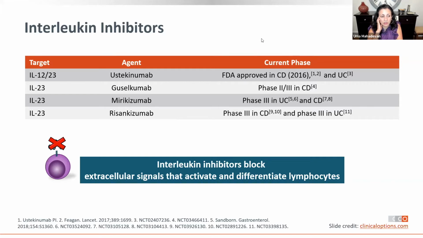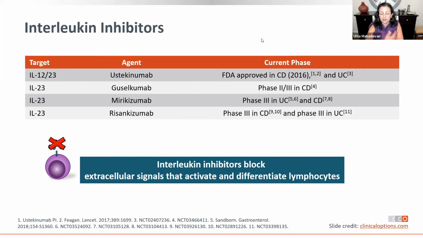So being more specific seemed to help. IL-12, on the flip side, did not work at all. So it's the IL-23 part that's important. And these 3 IL-23 agents are being studied in ulcerative colitis and Crohn's disease. And we anticipate, again, some of these should be out in the next 12 to 18 months.